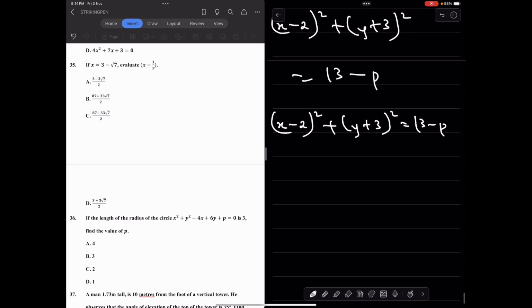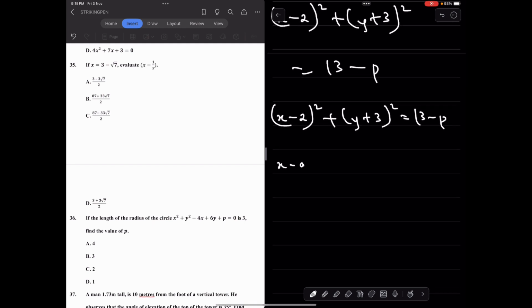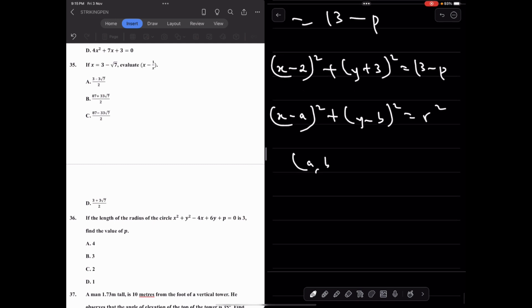Now, if you relate this to the general form of the equation of a circle, which is x minus a all squared plus y minus b all squared equals r squared, where a, b represents the center of a circle and r is the radius. That simply means r squared is the same as 13 minus p.